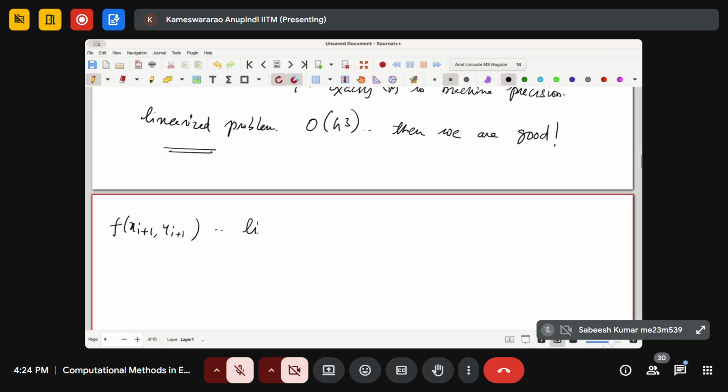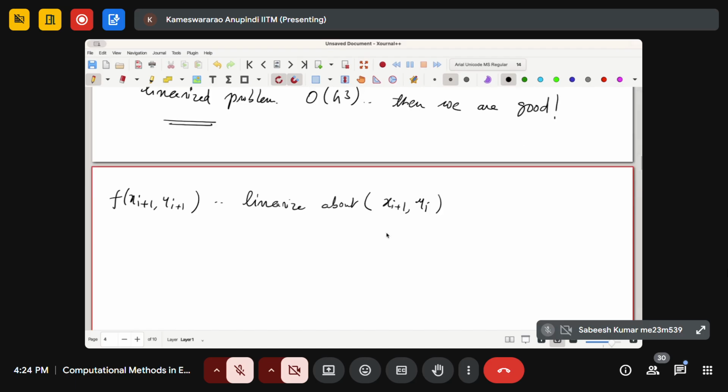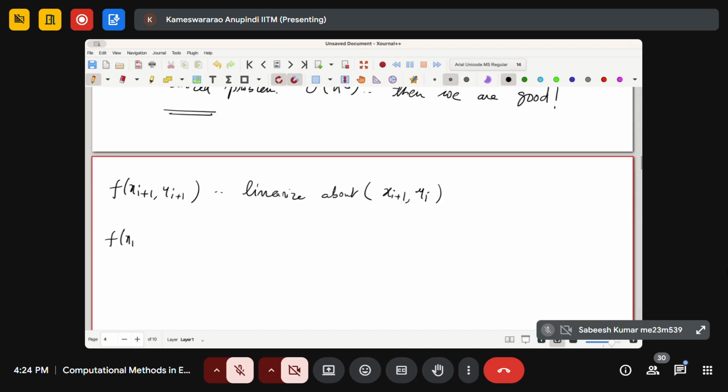So linearize about x_{i+1} and y_i. Okay, so that's going to give me f of x_{i+1}, y_{i+1} equals f of x_{i+1}, y_i plus we get y_{i+1} minus y_i. See here we're getting y_{i+1} minus y_i. We're not getting h here, right?